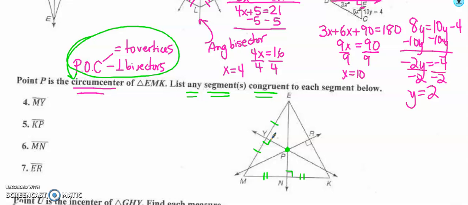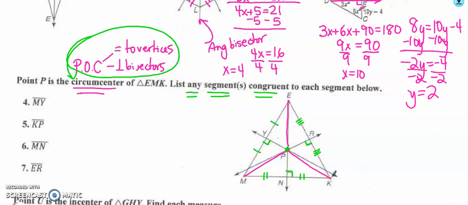I also know that RK is congruent to ER because that's a perpendicular bisector there. And then I know one last thing. It is P is equal to the vertices. So if I want to draw it in, P to M, P to E, and P to K, those are all equal also. So make sure you realize all that.